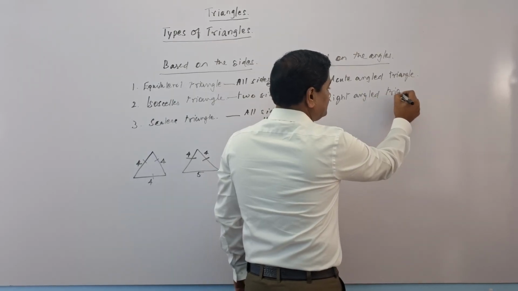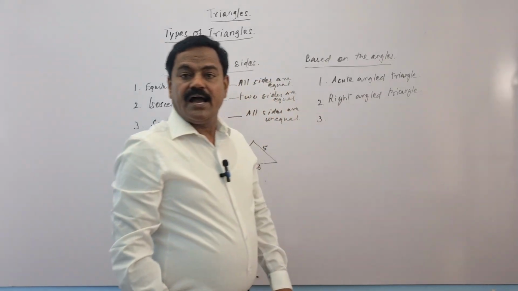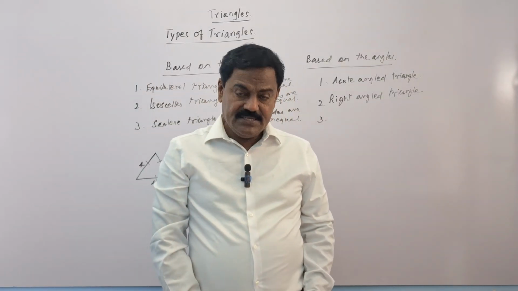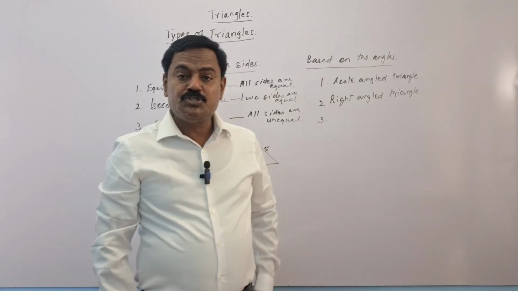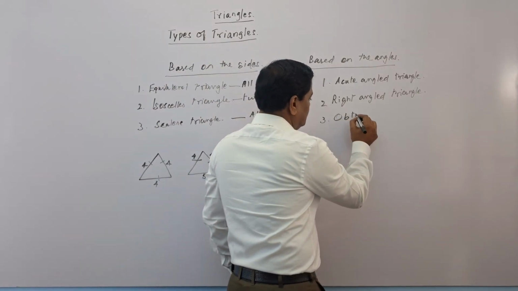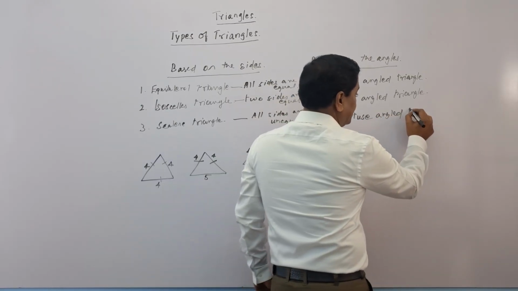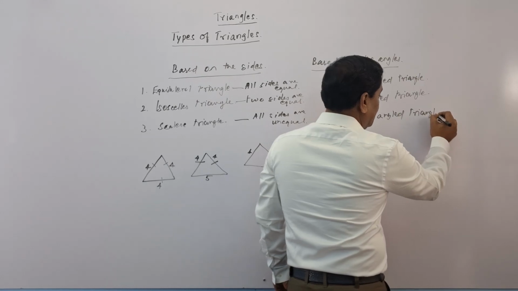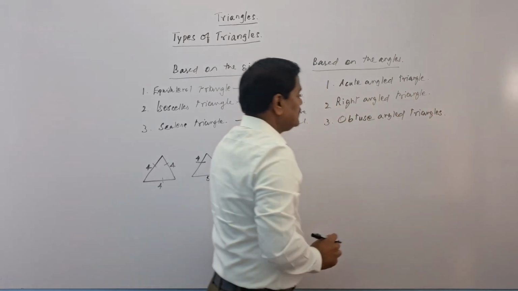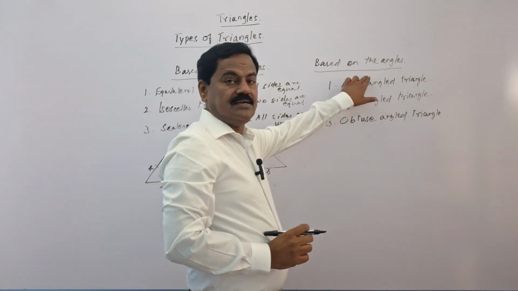And the third one is obtuse-angled triangle. Here the classification is based on the angle.